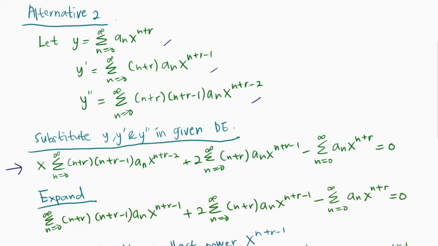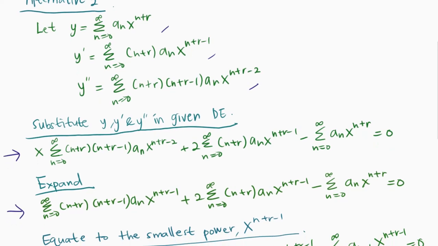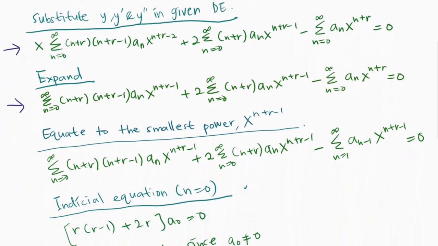And then we need to expand the equation. And here we have x multiply with x plus n plus r minus 2 and plus r minus 1. It's only this one that we need to expand. So the next thing is equate to the smallest power, x power of n plus r minus 1.